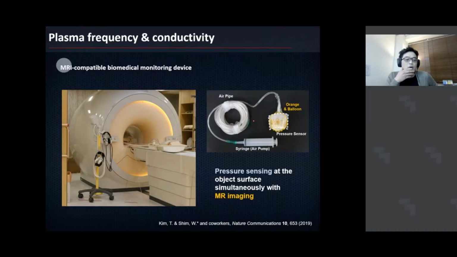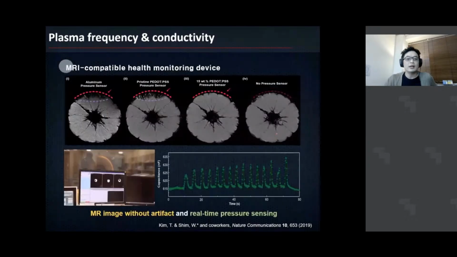The other thing is we also use that sensor for a medical purpose. Instead of putting a human inside the MRI machine, we decided to use this orange, because it has a similar biological environment, containing water, so it is usable in MRI.